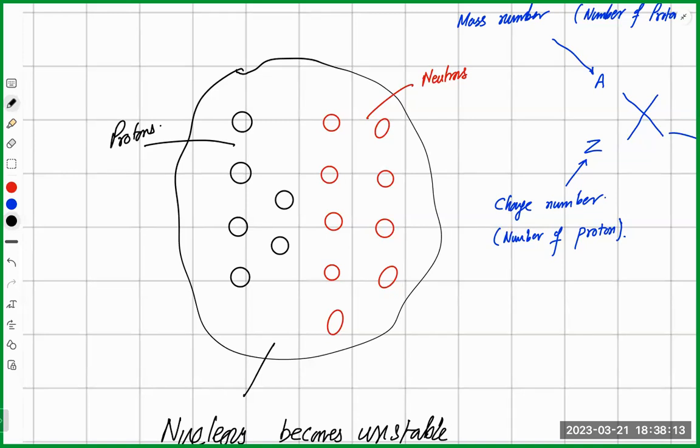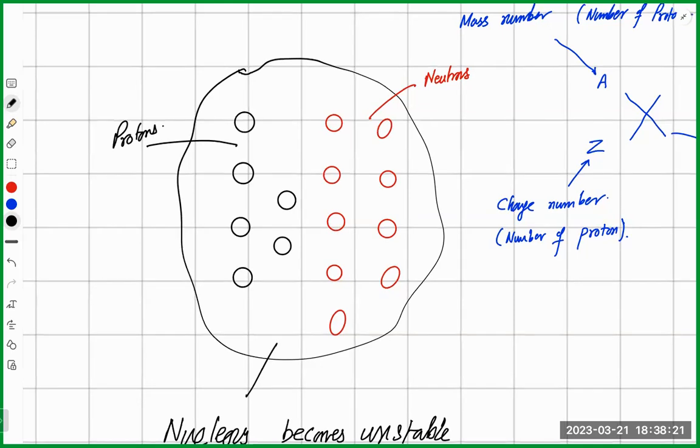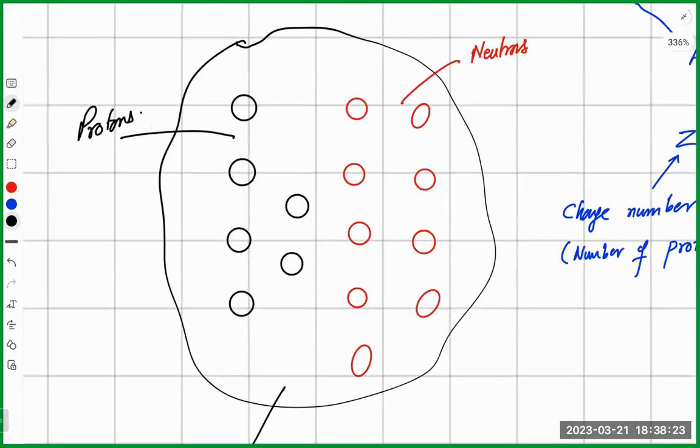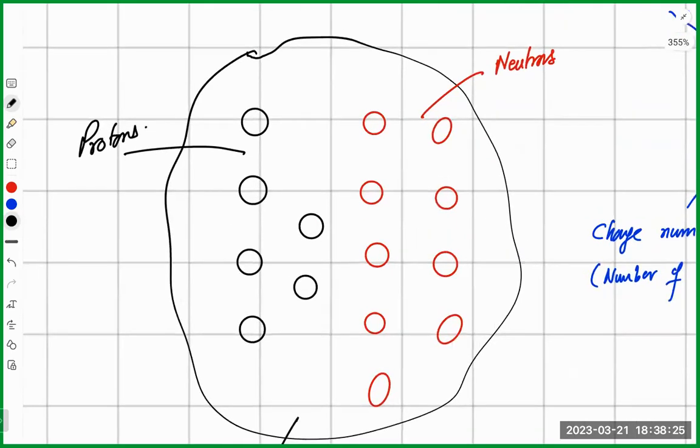Good. Do you see the red circles over there? Yes, I do. They are representing neutrons. How many neutrons are there? 9. Good. How many protons are there? 6.